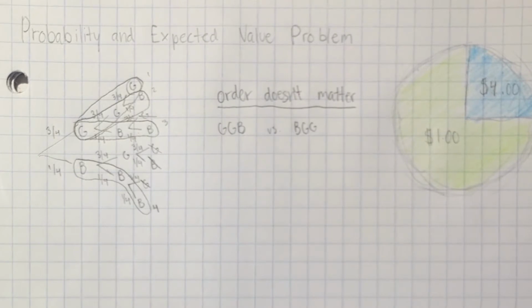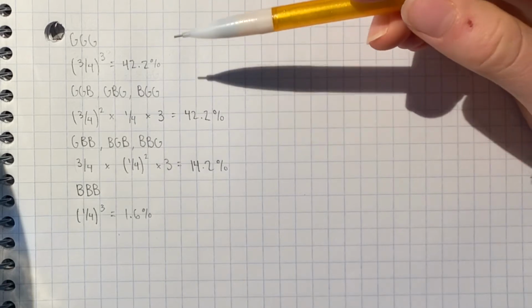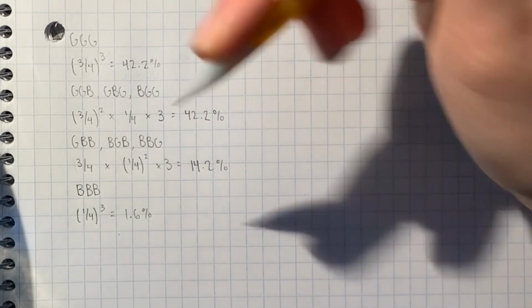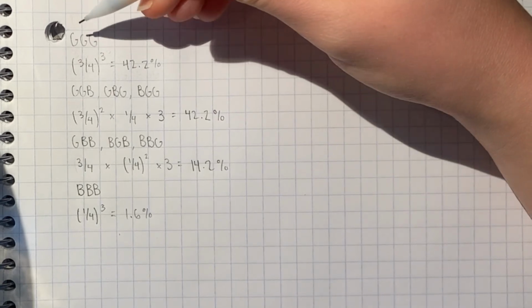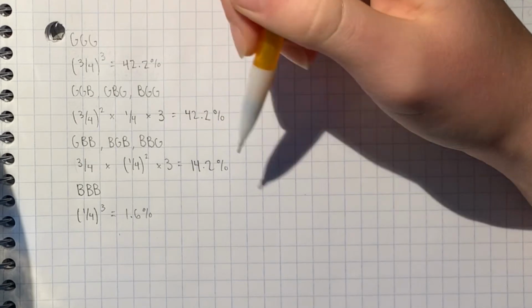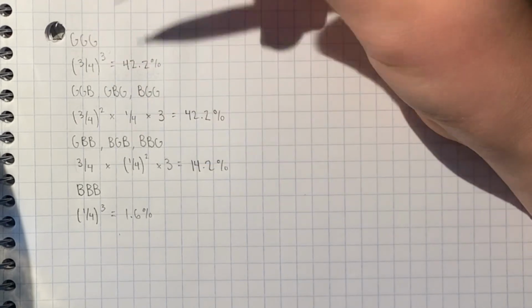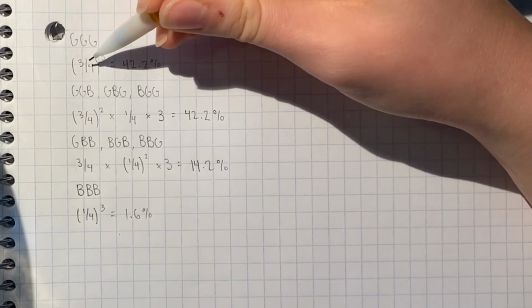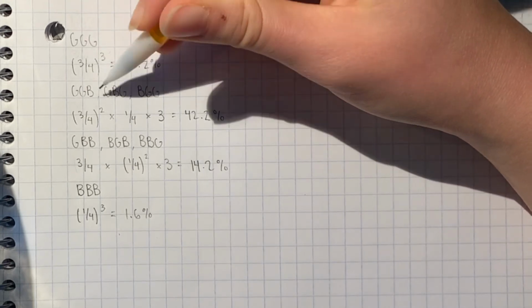So now I need to figure out the probability of that. Okay, here's how you find the probability of the 4 outcomes. My first outcome is where I get 3 greens. I'm just going to explain everything here to make it less confusing. So 3 greens, and why do I have 3/4 to the power of 3?